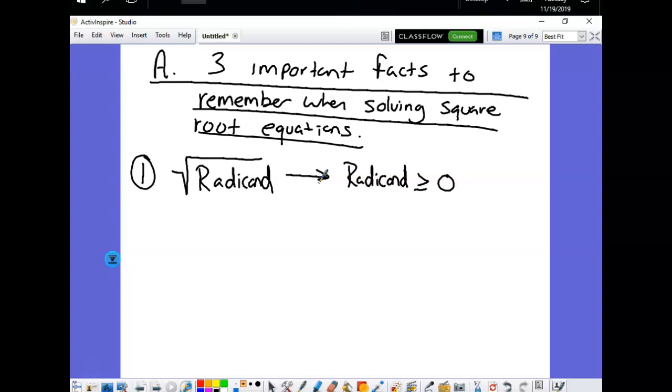The next thing, when you're solving these things, you can get something called extraneous solutions. So here's a frustrating fact for you.